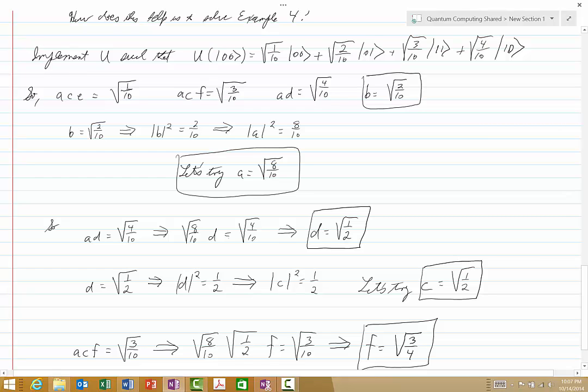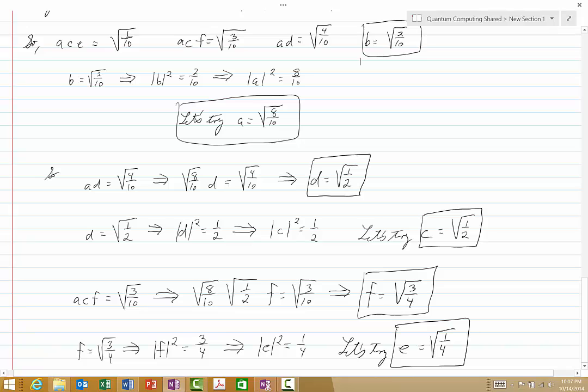If we go back now, these are the four equations that must be satisfied: ACE equals square root of 1/10, ACF equals square root of 3/10, AD equals square root of 4/10, and B equals square root of 2/10. Let's see if these choices are consistent with that.